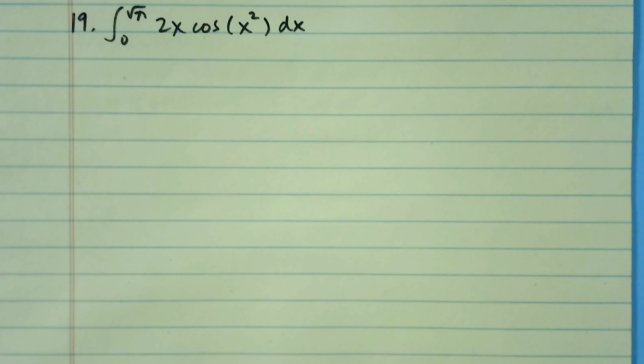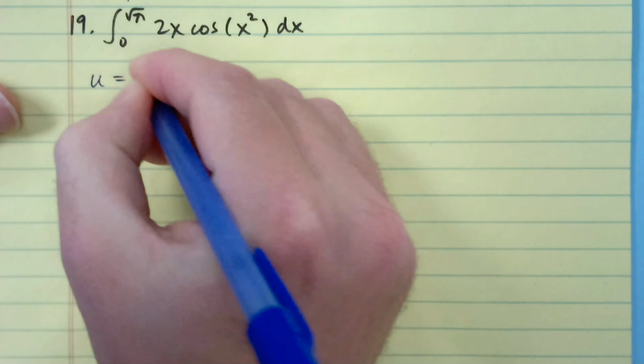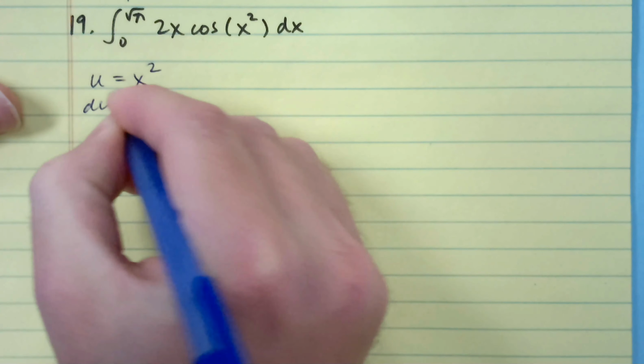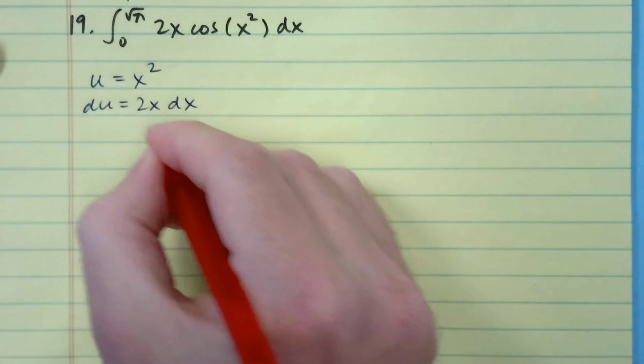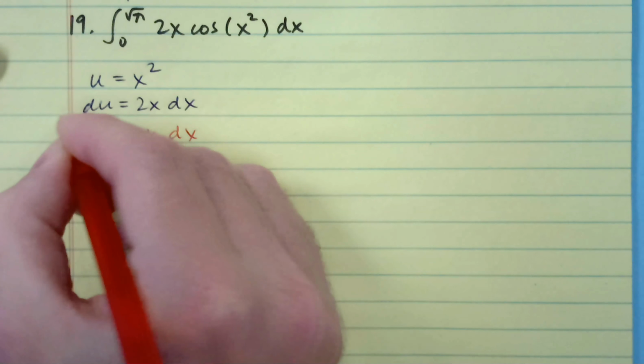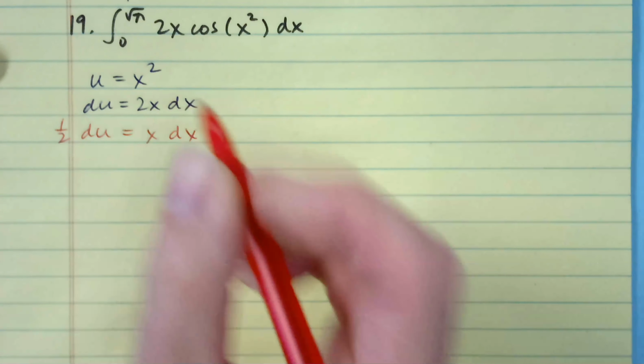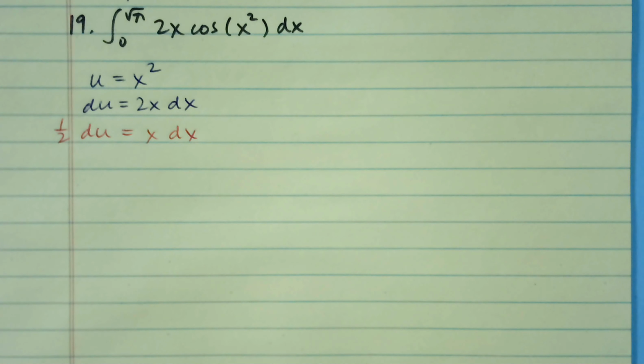I hope this one works. These pens are a little old. So u is going to equal x squared. Du is 2x dx. 1x dx is half of du. And then I need to work to convert my bounds of integration.